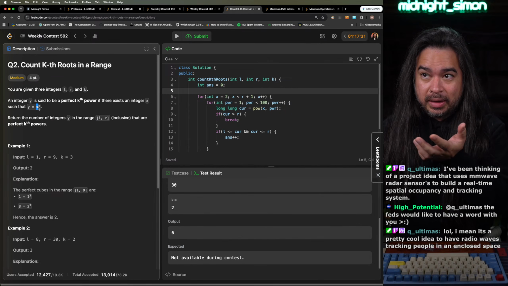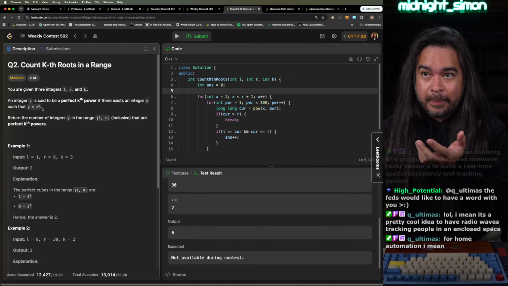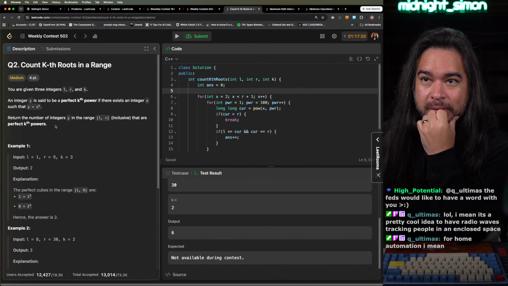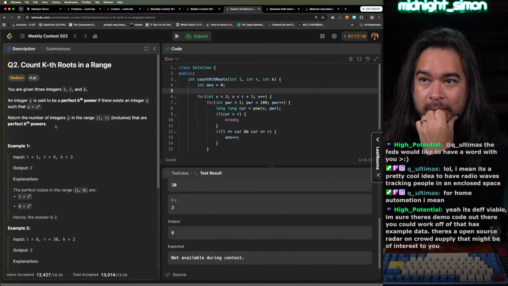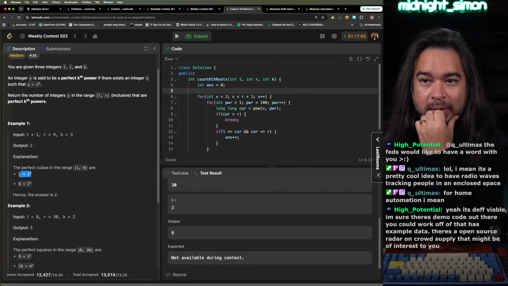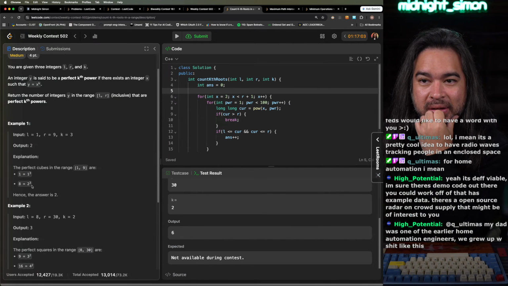Y equal x to the k. Number of y integers in the range perfect kth powers. So 1, 8.